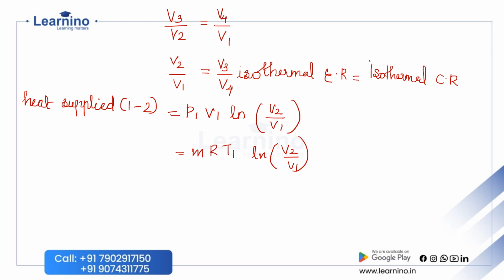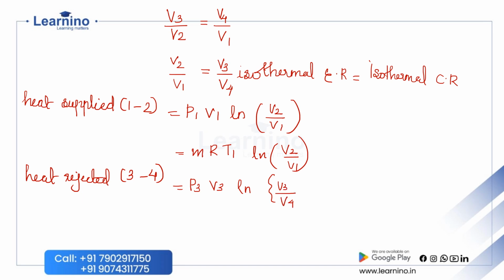And the heat rejected during the process 3, 4 can be written as P3 V3 ln V3 divided by V4, and that can be written as MRT3 ln V3 divided by V4.